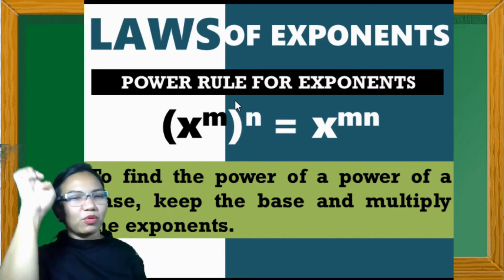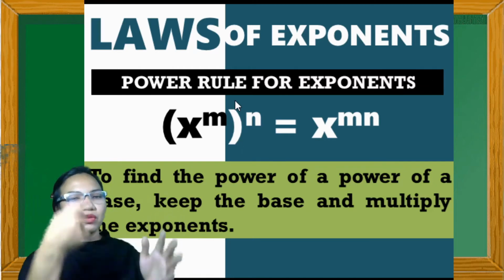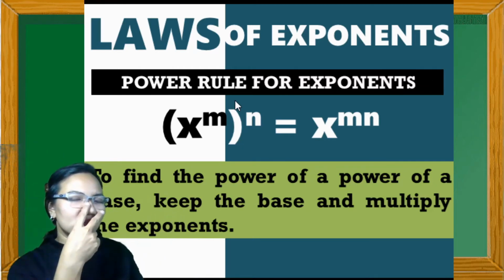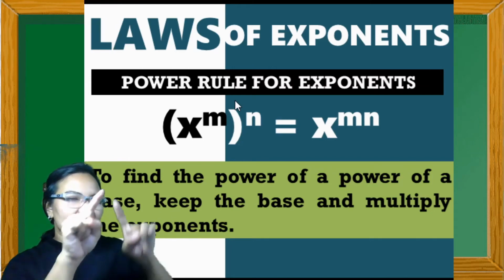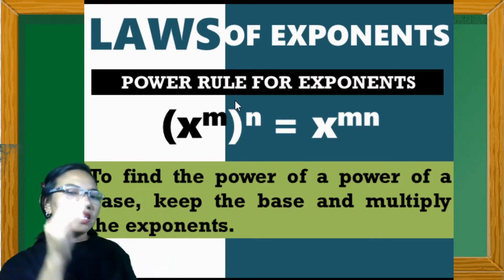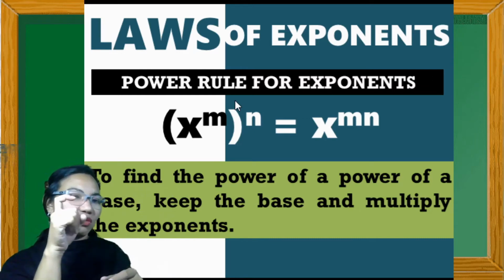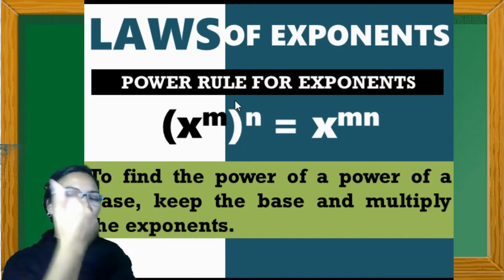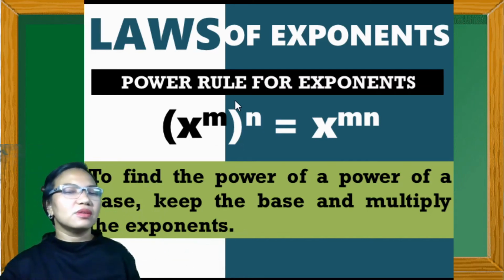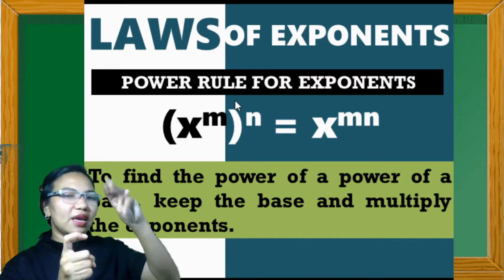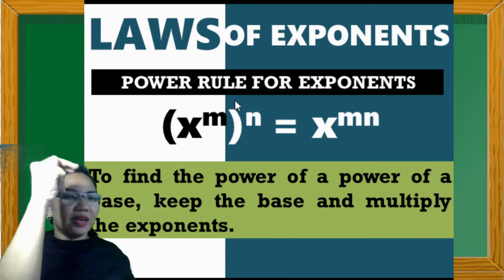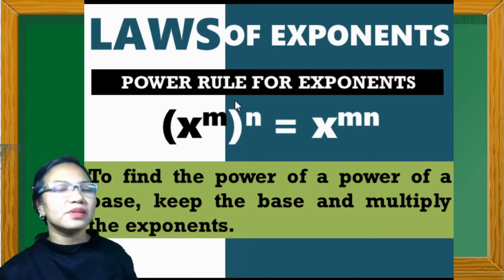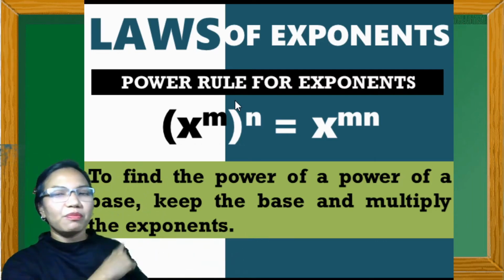Another law of exponent is the power rule for exponent. Here you can see just one single expression inside, where the base and the exponent are raised to another power: (x^m)^n. We describe this as finding a power of a power.